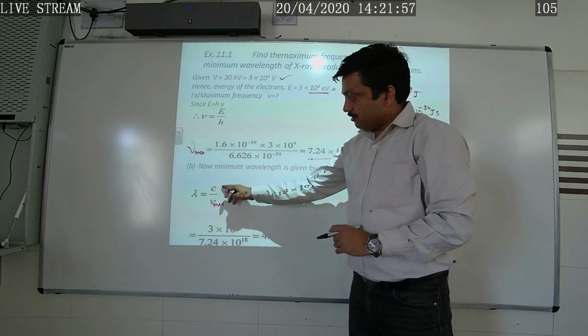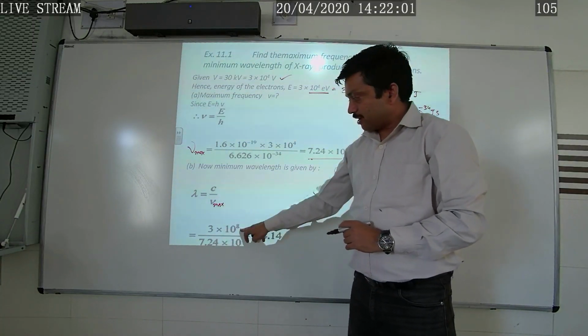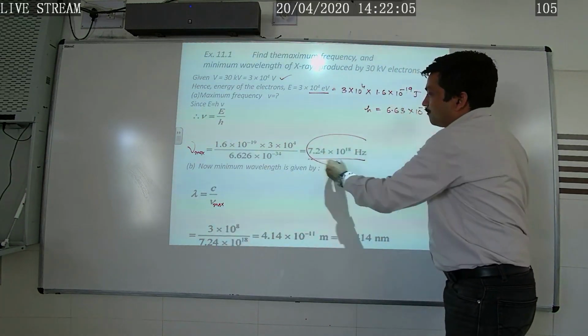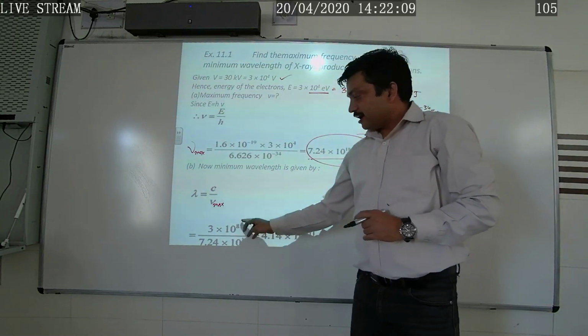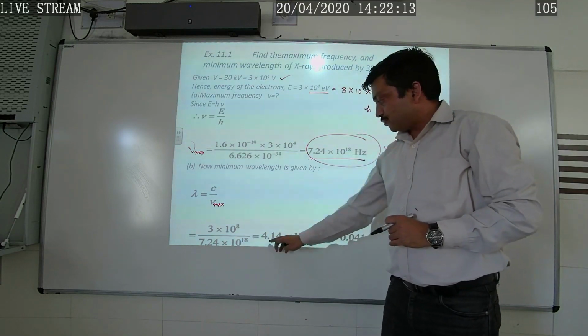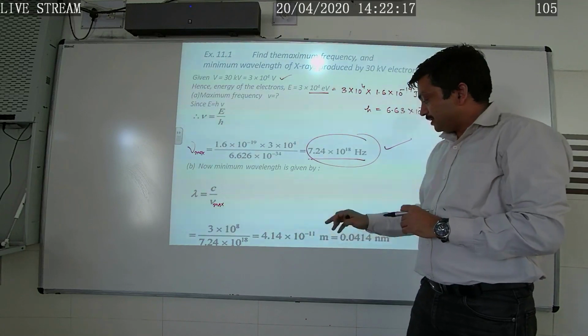Putting the value of c, the speed of light, 3 into 10 to the power 8 meter per second, and the maximum frequency 7.24 into 10 to the power 18, after substituting and solving, we get the answer 4.14 into 10 to the power minus 11 meter.